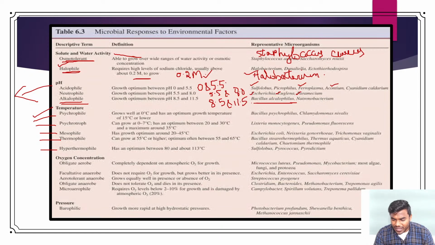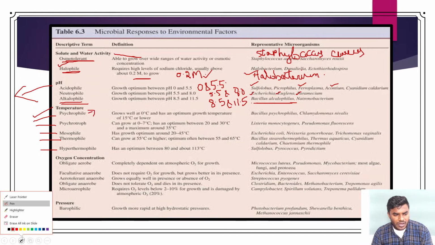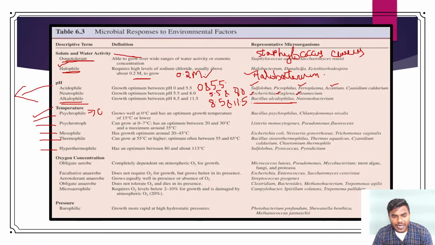So friends, there are minute differences between all. Focus everyone. When you use the word psychrophile, what's the common point that has to come to your mind, friends? Please remember, it can grow abundantly at 0 degrees centigrade, but it can grow up to 15 degrees centigrade, or I can use the words less than 15 degrees centigrade.